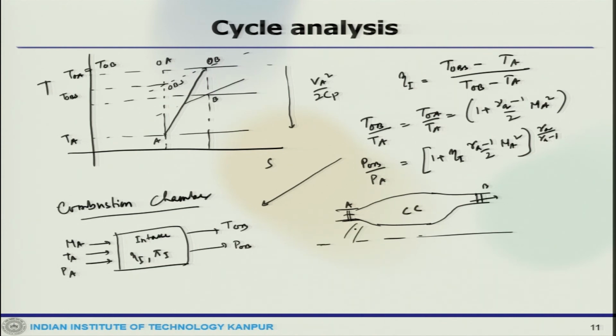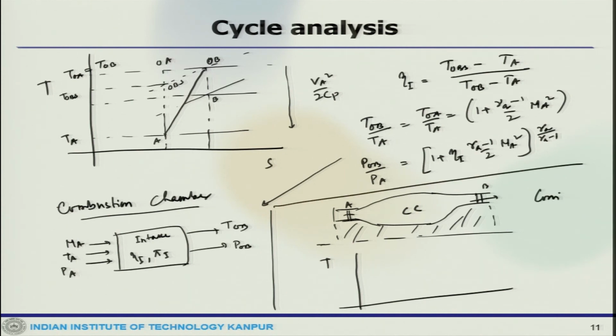This is drawn in an axisymmetric fashion just to show you. So, here is the TS diagram for the combustion chamber. This portion is the combustion chamber.